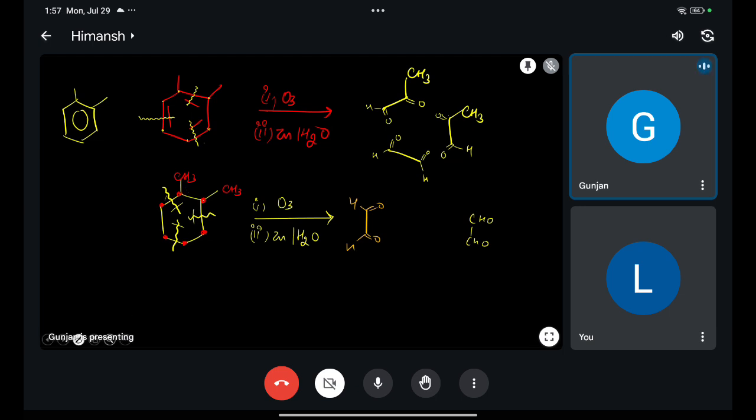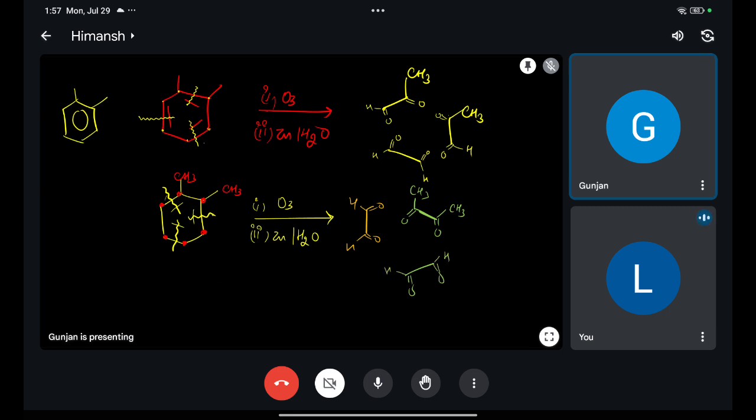No, see here, the second product which you will get is like this. These two carbons are connected with CH3, CH3. So it's a complete ketone that is forming over here. And the third one is also CH2. Got it, Himansh?